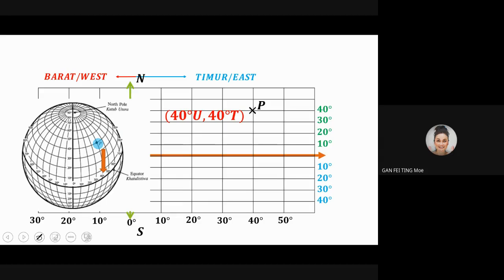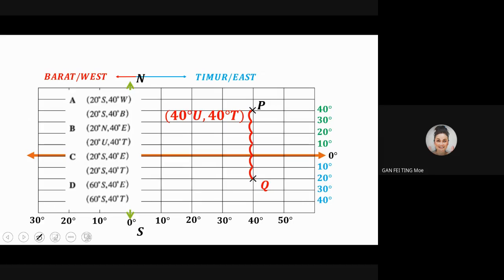Because the question gives you 40, 40 in the diagram. Then it says Q is the point to the south of P. To the south means going down. Going down how many? 3, 4, 5, 6. Going down 60 degree. So your answer will be C.